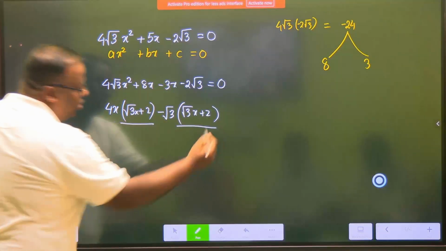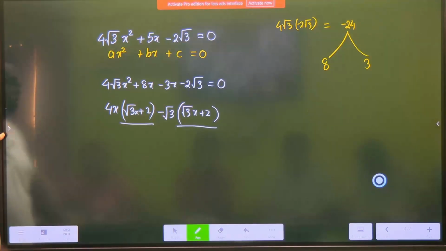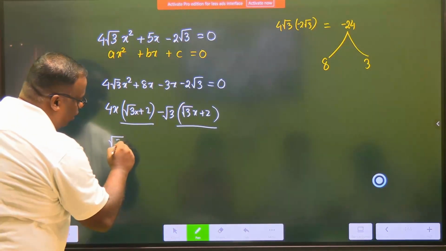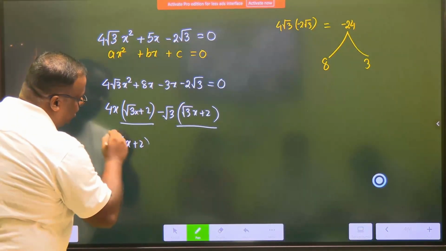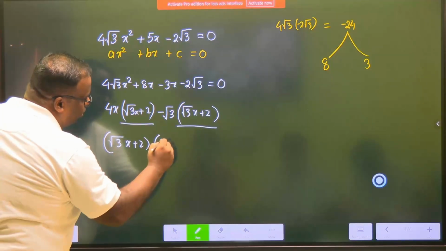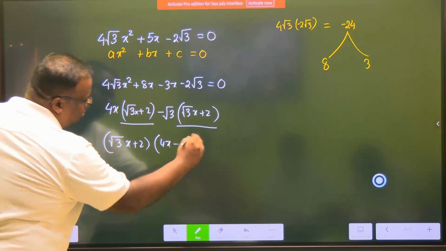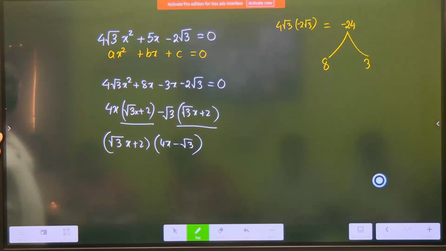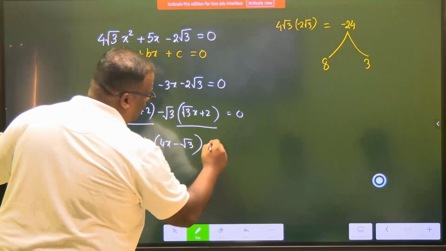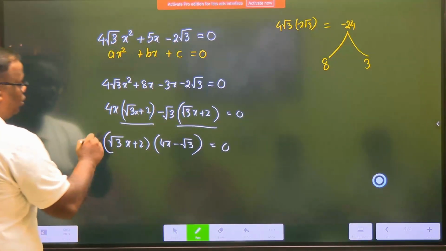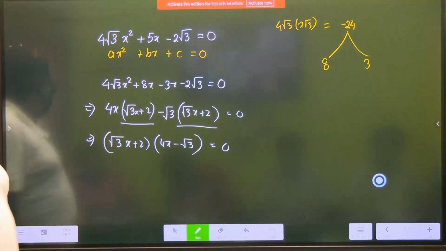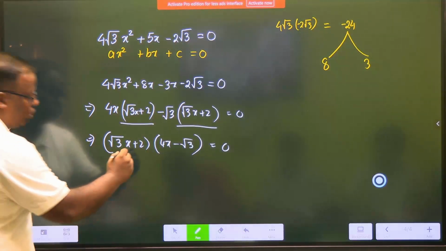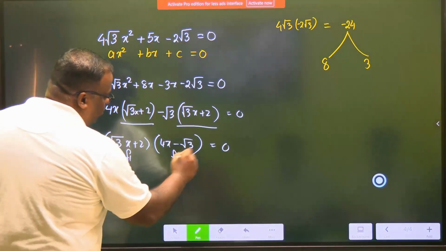Now what do you see here? Dog. 2 dogs. So we'll take dog common. Then we have here crow minus pigeon equal to 0. Now how to solve? We have got two factors, f1 and f2.